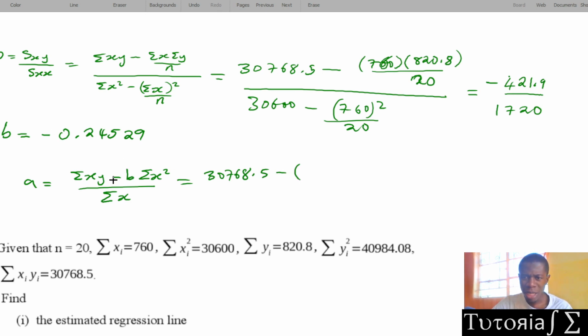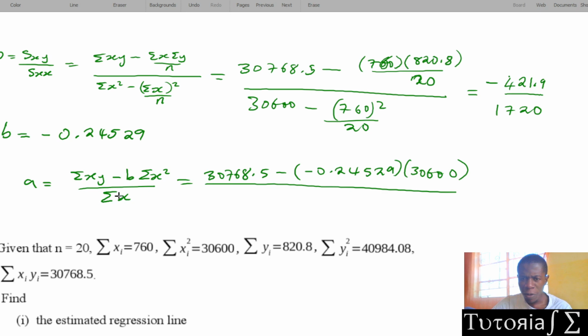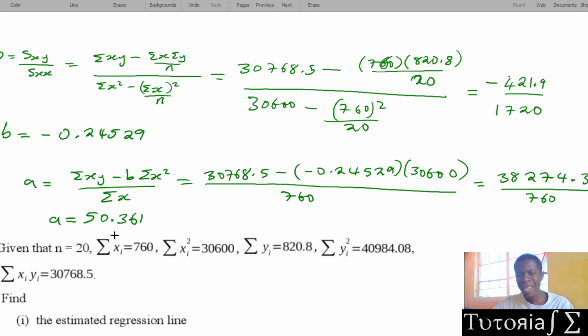B is negative, so there is this negative and the negative that is on b, negative 0.24529, times summation of x, which is 760, everything over n. When we simplify that, after simplifying everything, the numerator, you have that. Then our a will finally be equal to that.